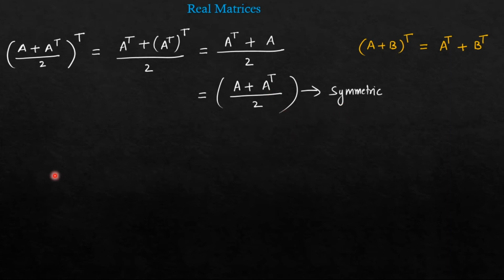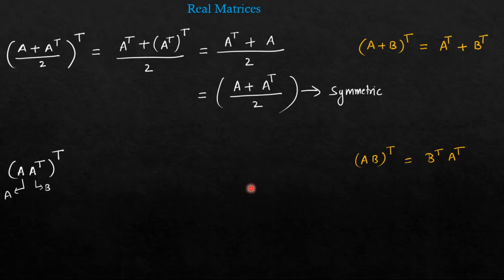What about A into A transpose? Let me check. If you take the whole transpose, then we know the property that AB transpose is equal to B transpose A transpose. Here the order will get reversed. So let me assume the first one is the A matrix and the second one is the B matrix.